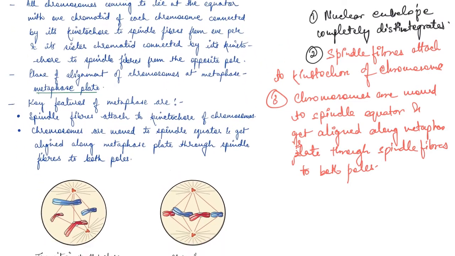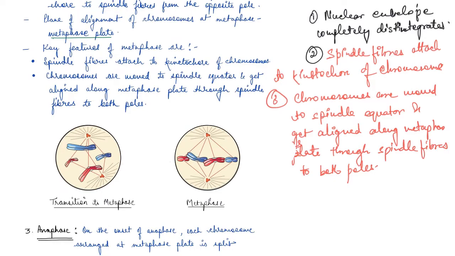if you see this diagram as well, what you are noticing is that during the transition to metaphase, the nuclear envelope is gone, and that is why we have these chromosomes lying here and there in the cell, right? Then there was an initiation of formation of the mitotic spindle.